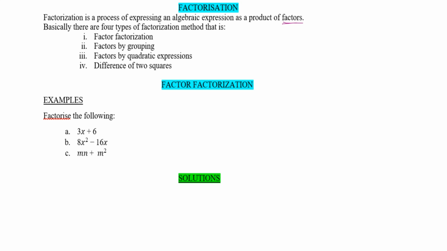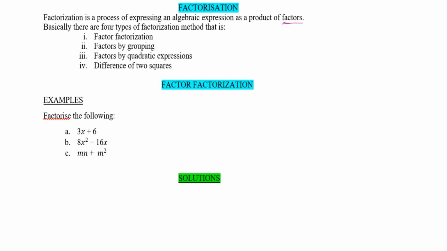Okay, so we are going to look at these 3 examples. We are saying factorize the following. A, we have 3x plus 6. B, we have 8x squared minus 16x. C, we have mn plus m squared.